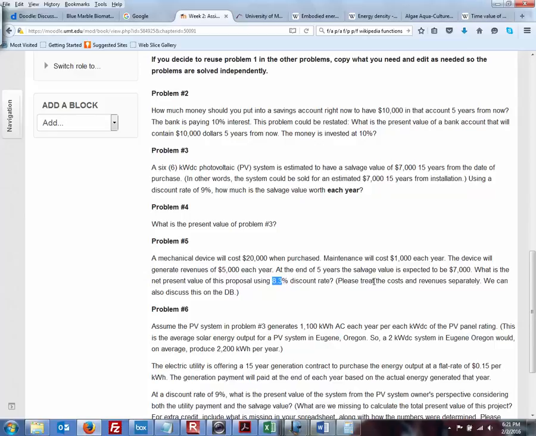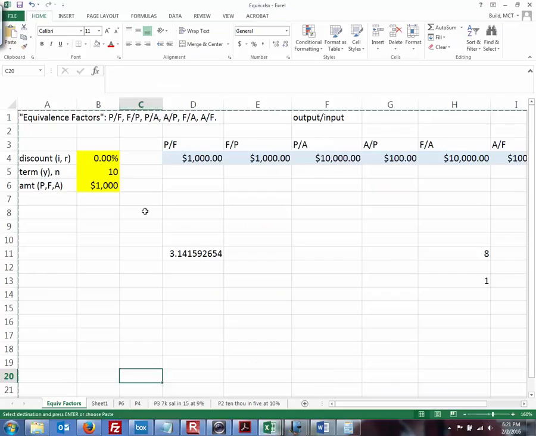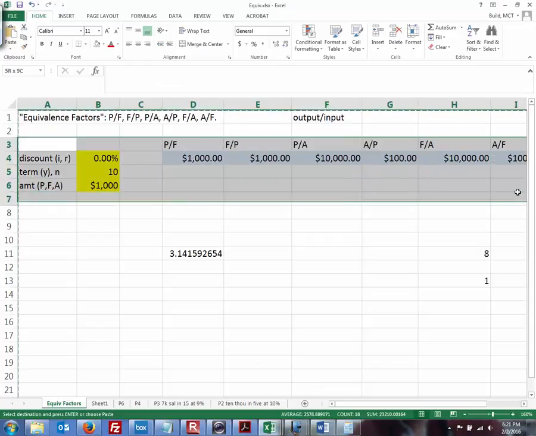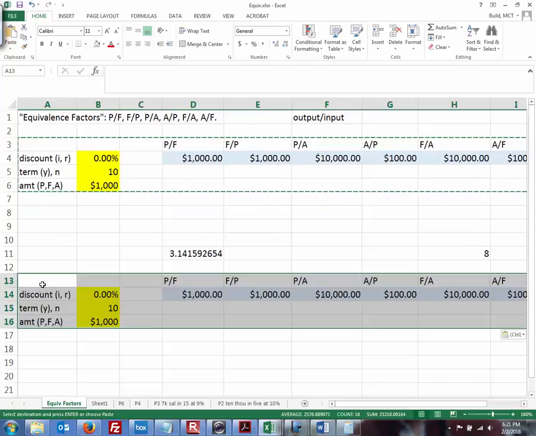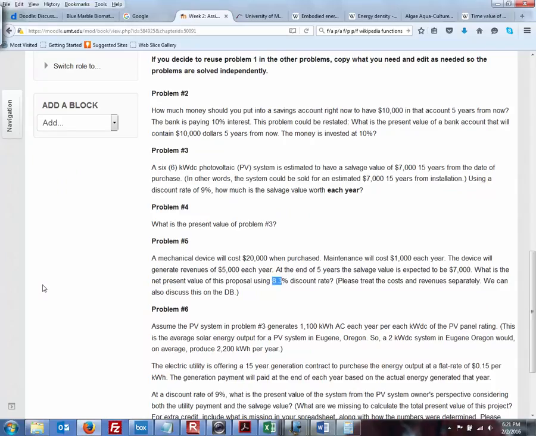Please treat the cost and revenues separately. So what I would suggest doing there, take this thing, copy it, and just paste it on the same sheet. Just run them parallel with each other, and then you can at the end add them together.